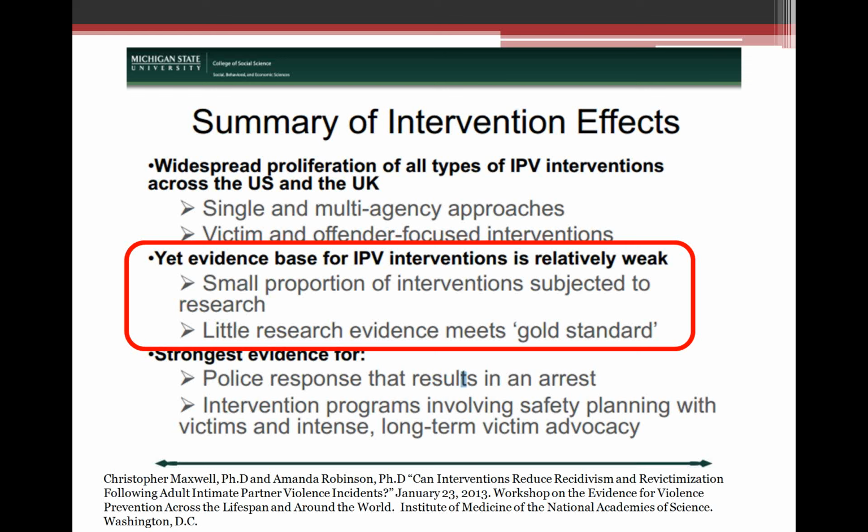There are not that many interventions that have done research, and there's not that much evidence meeting a gold standard. Now, that doesn't mean that we're not doing really great work, but the documentation isn't necessarily out there. So the more that individually we can evaluate our work and share that with the community at large, the more we can learn from each other and continue to create really great programs, really great prevention, and really great services for victims and survivors.